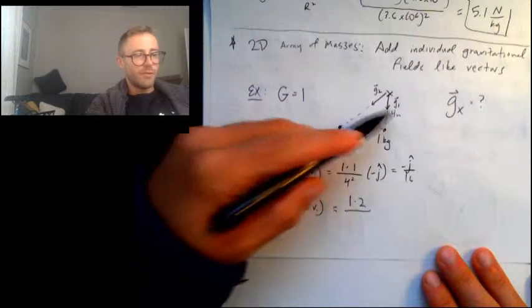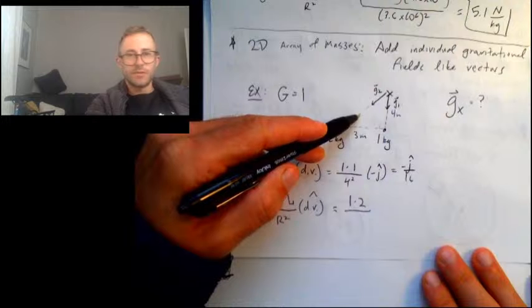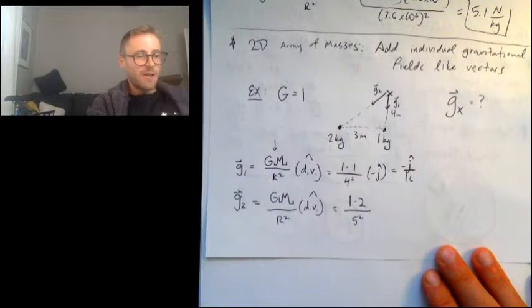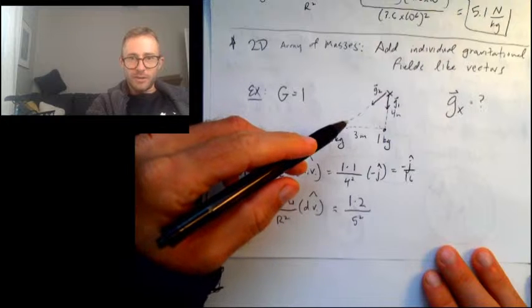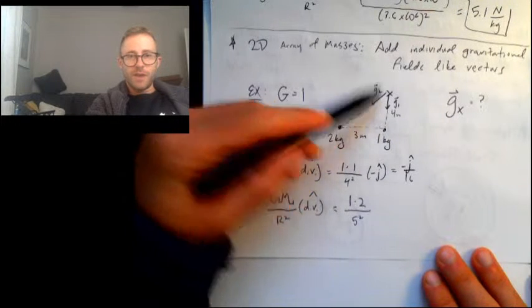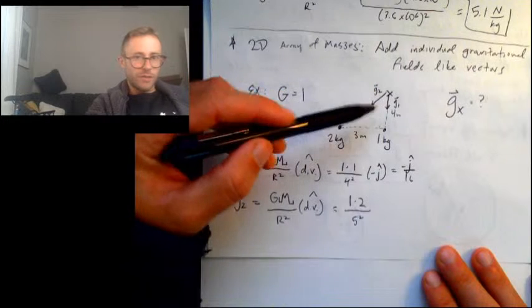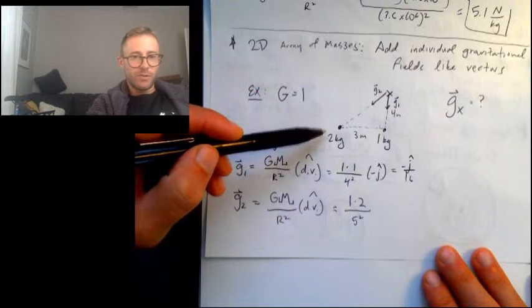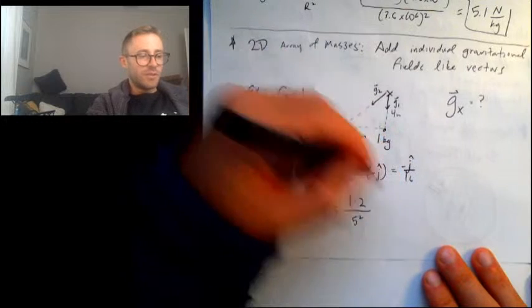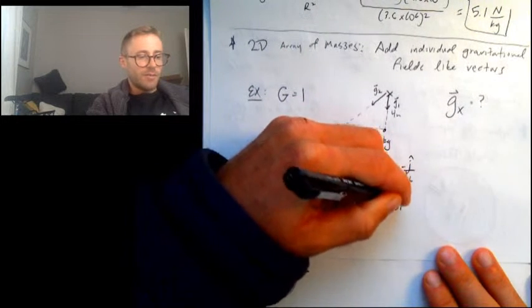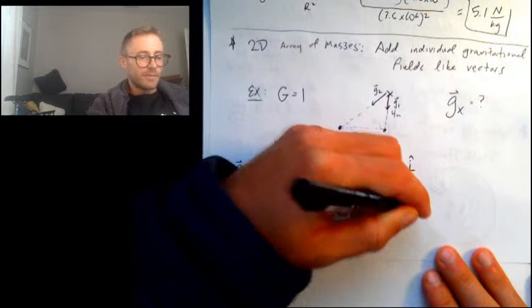This is a 3, 4, 5 triangle, so this is going to be 5 squared. All right. And now the tricky part about this is the direction vector. If I think about it, the direction vector goes down 4 and goes to the left 3. So it's in the same direction as minus 3i minus 4j.